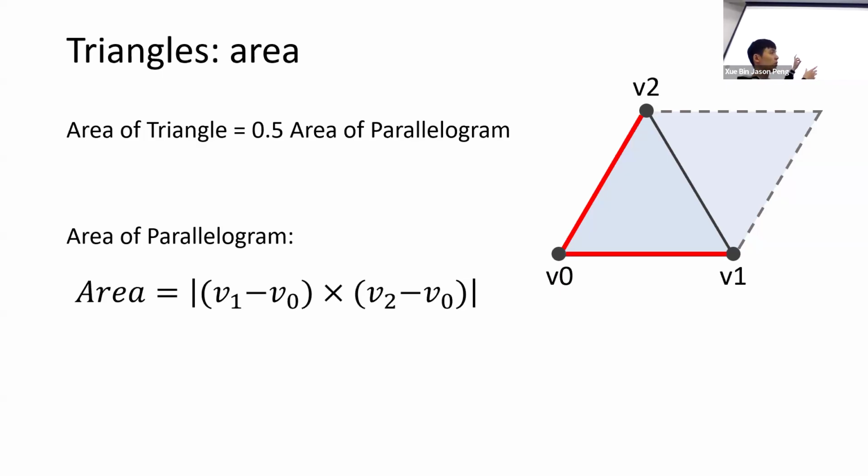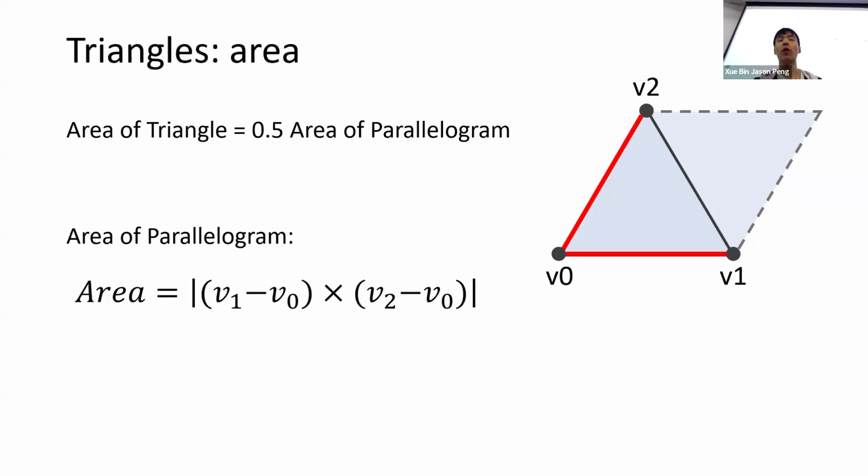When we calculate the vectors for these two edges, we can do so by computing the difference between V1 and V0 and the difference between V2 and V0. This gives us two vectors that correspond to two of the edges of the parallelogram.